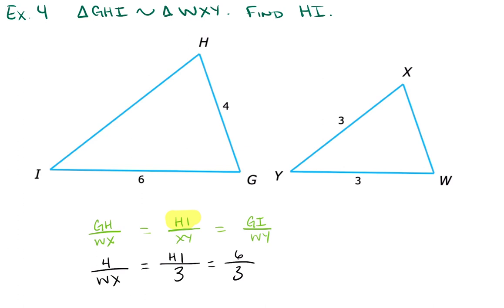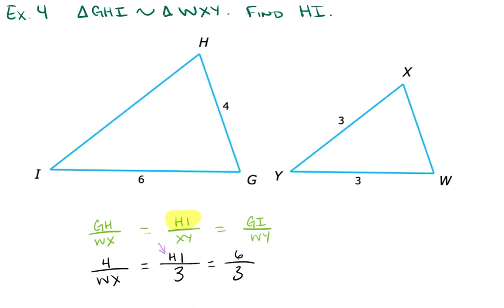Okay, now I don't know what the scale factor is. I don't know how these sides are connected. But what I do know is that I have equal fractions. So one of the things we can do is, HI is the value we're looking for, so I want to set up a proportion with 2 of these fractions.